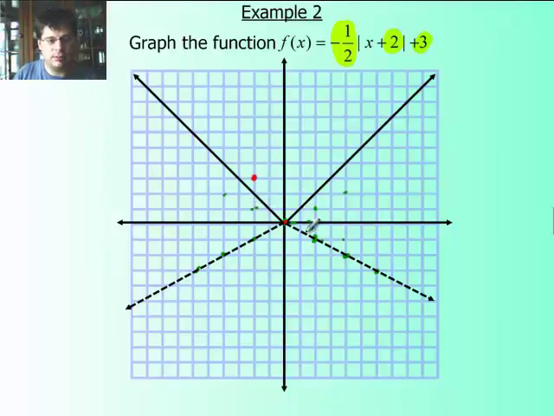And now I'm just going to plot the points like I did with this intermediate graph. So that means I'm going to go left 2, down 1, left 2, down 1, left 2, down 1, left 2, down 1.